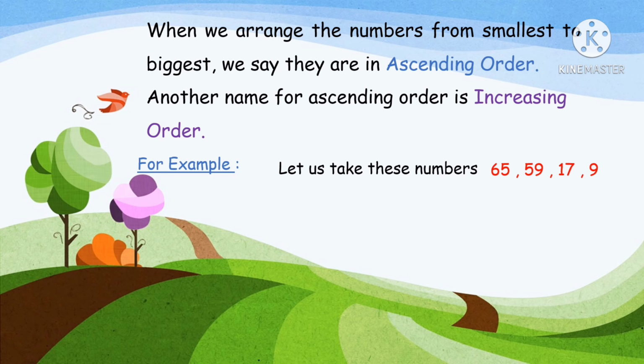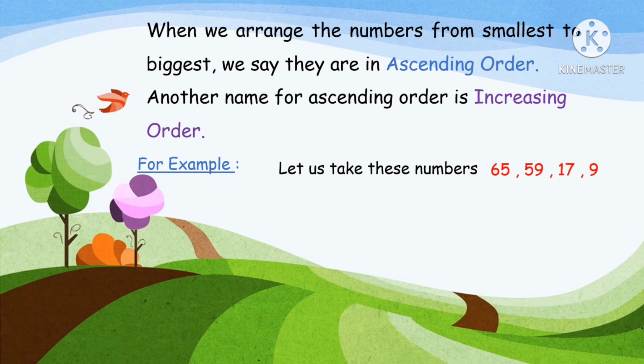Since ascending order means from smallest to biggest, first of all we will identify the smallest and the biggest number. And as we have learned how to compare the numbers, among these four numbers, the smallest one is 9 and the biggest one is 65.